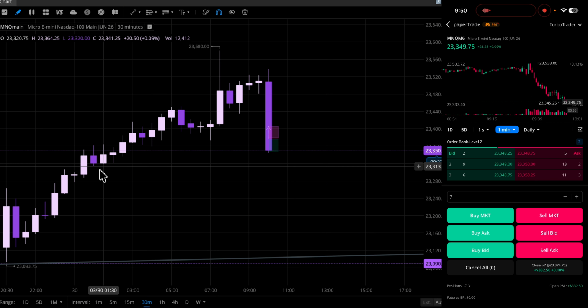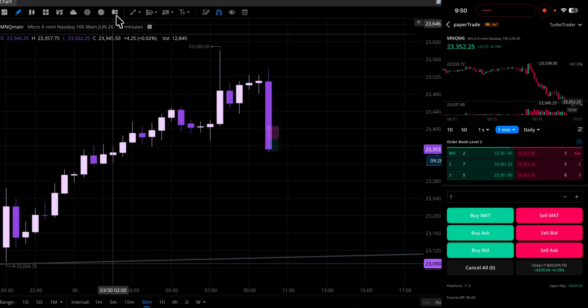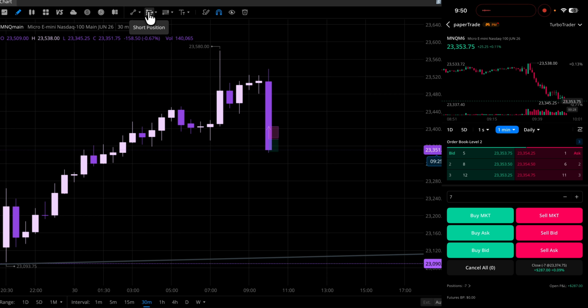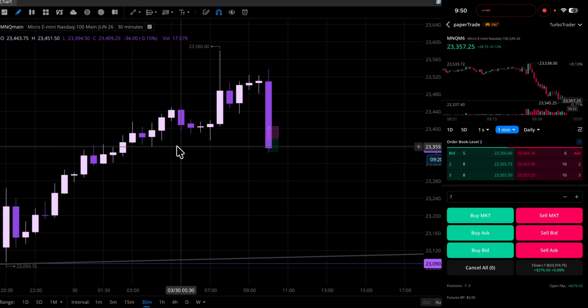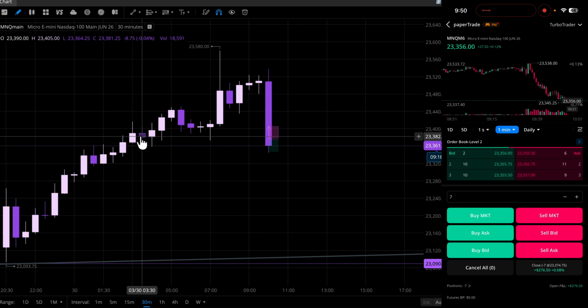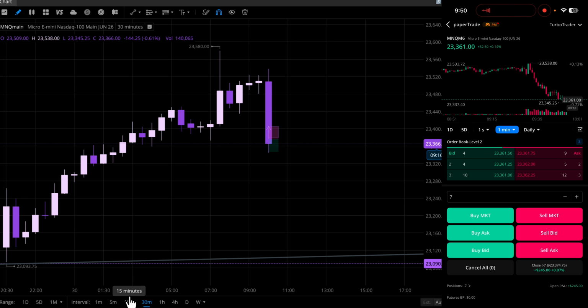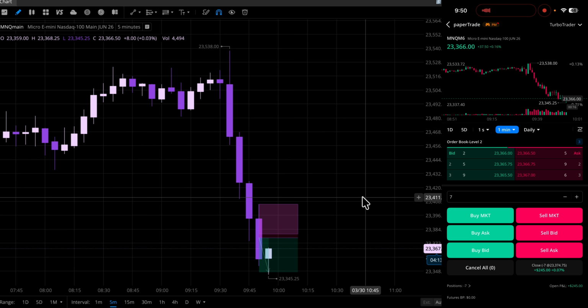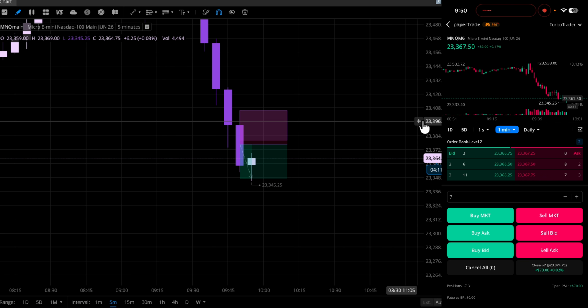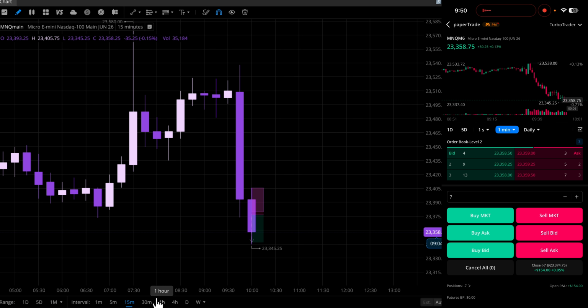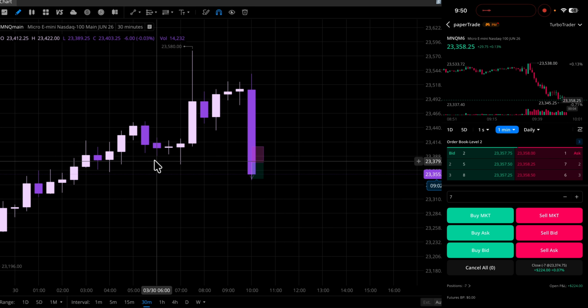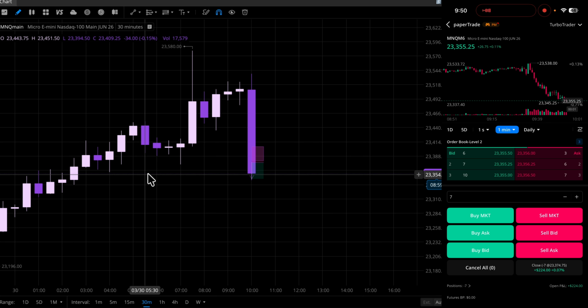There's a zone right here on the 30 minute. And it's also a zone right here. It has to break that structure. Oh, it already hit the 1-to-1. I might hold it, y'all. I don't think these zones are strong enough.